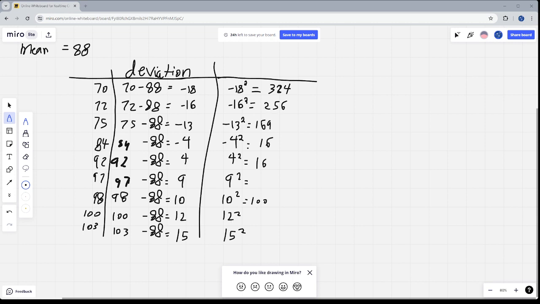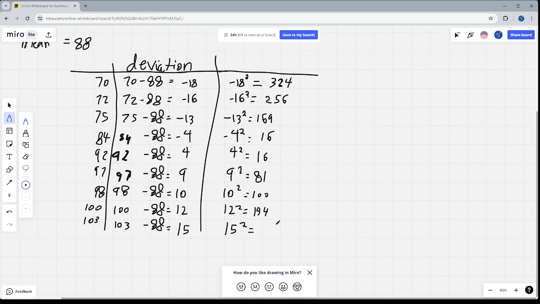9 squared. 81. Good. 12 squared. 144. And then 15 squared. 225.